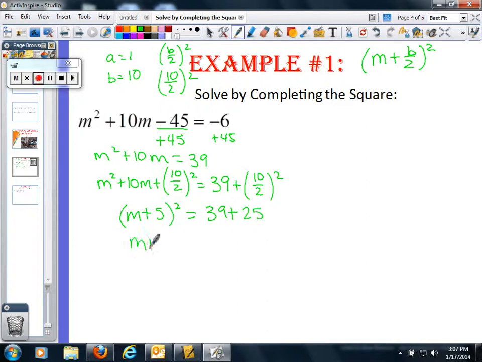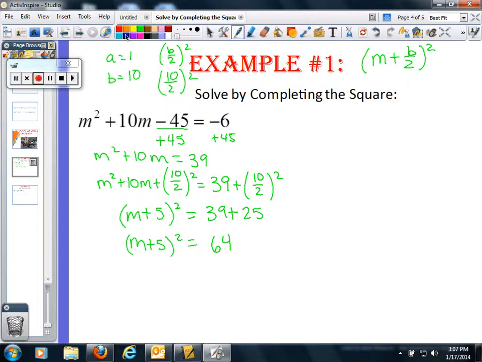So this gives me m plus 5 squared equals 39 plus 25, which is 64. Alright, so now I am kind of where I want to be. The left side is completely simplified, the right side is completely simplified.